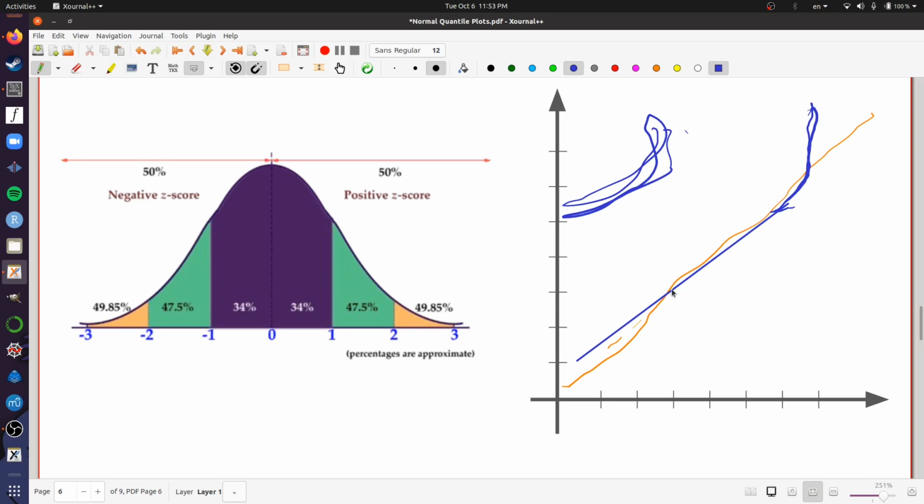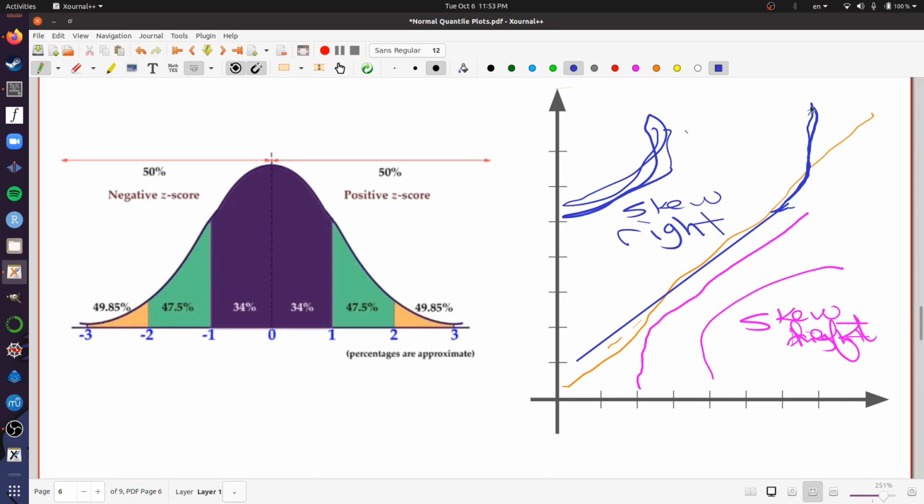And if it's skewed left, we're going to have veering away from the diagonal line at this end, so this kind of thing. So curvature this way is a skew left, and up here, if we have curvature this way, that's going to be skew right, because it is the right tail, the positive tail, that veers above normality.